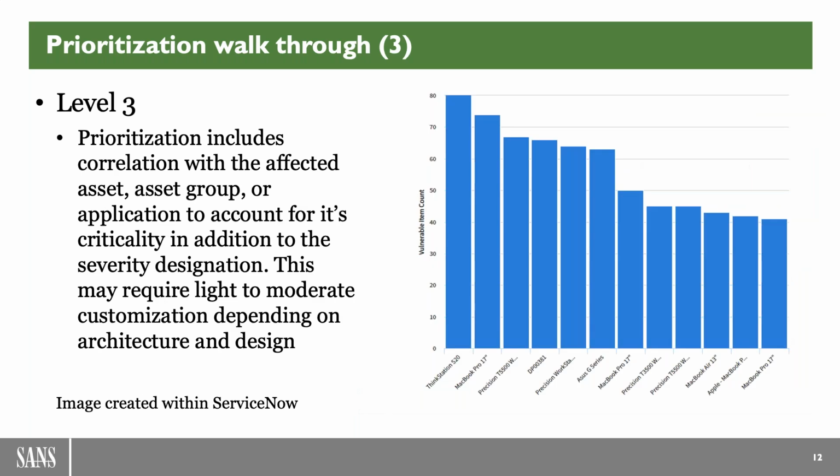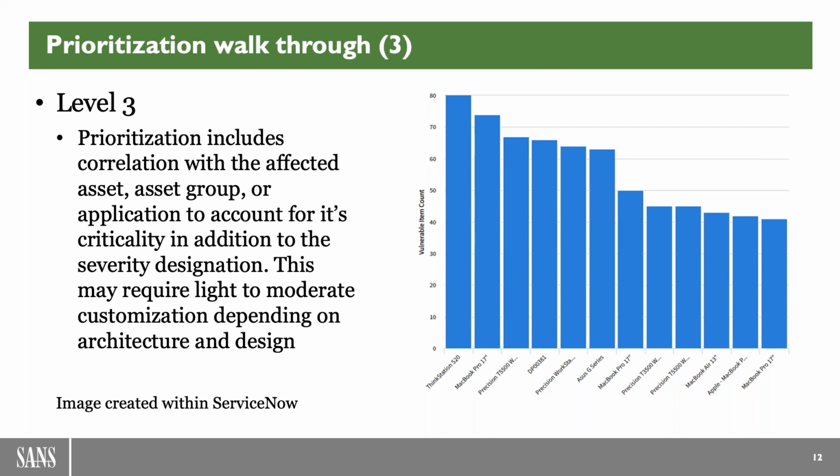So continuing on from the context perspective, moving into level 3, what we want you to do is start grouping this information and correlating it with other information sources we have. And here we're giving an example on the screen of doing it from an asset inventory perspective.